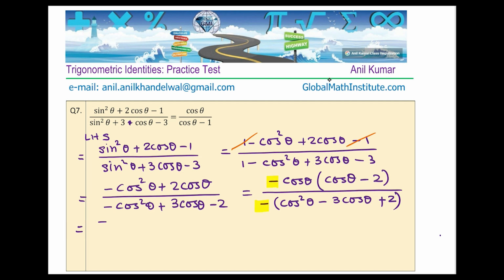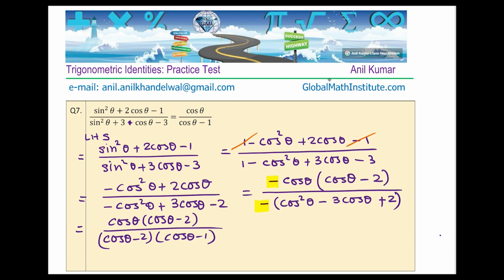They get cancelled, correct? So what we have in the numerator is cosθ times (cosθ − 2) divided by, factoring this out, we get (cosθ − 2) times (cosθ − 1).